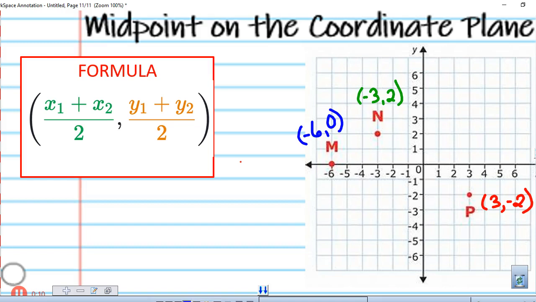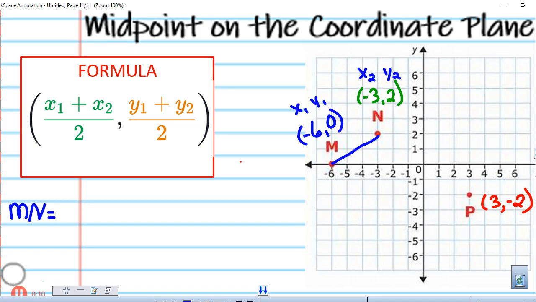So let's find the midpoint of MN, the line from M to N. Okay, so we can't just look at it like we can on a number line and figure out the midpoint. We know it looks somewhere about here, but we don't know exactly where it is. So we're going to let this be our x sub 1 and our y sub 1, and this would be our x sub 2 and our y sub 2.